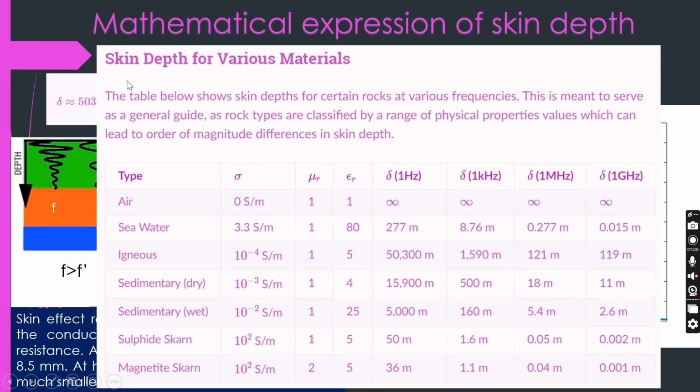Here I have taken some reference from different materials to understand the importance in geophysical exploration. This table shows the variation of skin depth in certain rocks and other earth materials, and it serves as a general guide, as rock types are classified by ranges of physical property values which can lead to order of magnitude differences in skin depth.